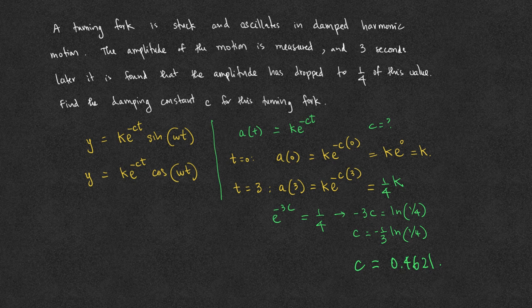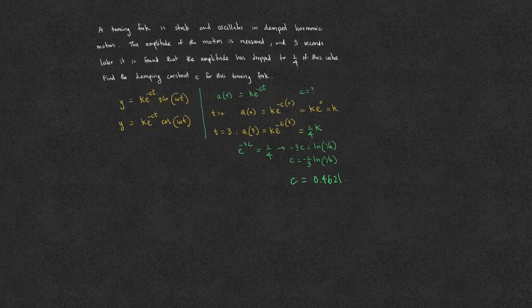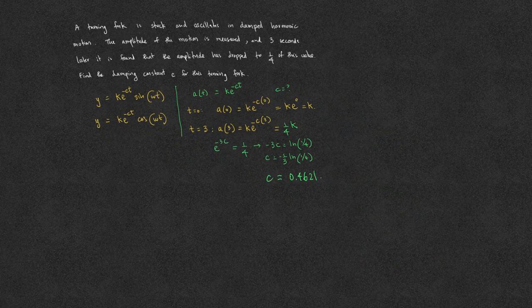We got the answer by assuming that the amplitude was measured when time is 0, which might not be the case. And so, to be a little bit more rigorous, we assume that the amplitude is measured when time is t1, and it is measured again when time is t1 plus 3, that is, 3 seconds after.